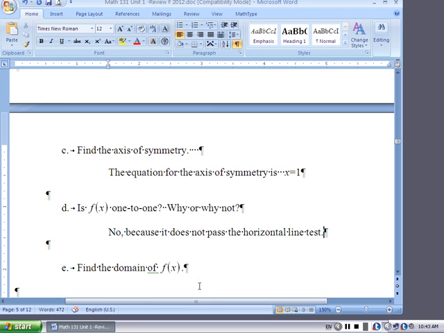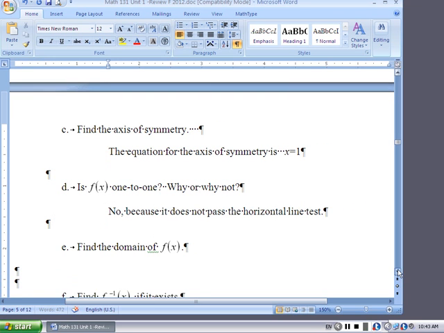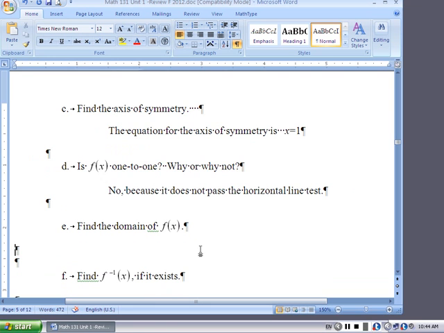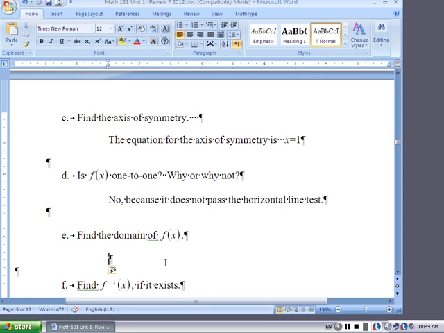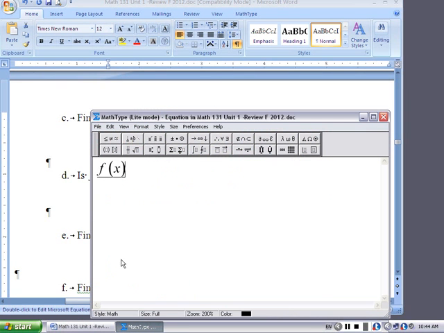Okay, now find the domain. What is the domain? The set of all real numbers, right? Negative infinity to infinity.